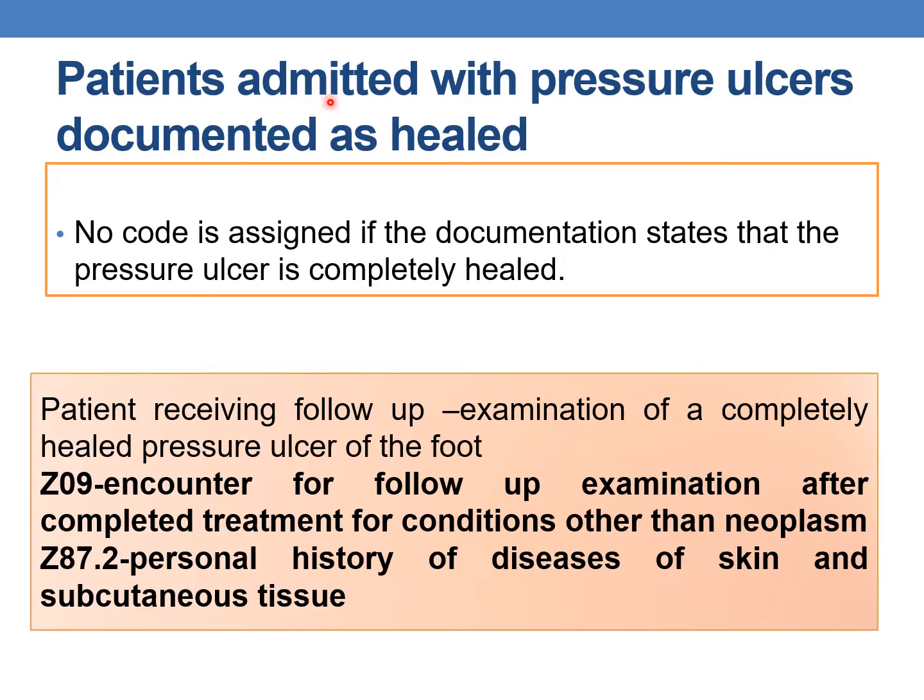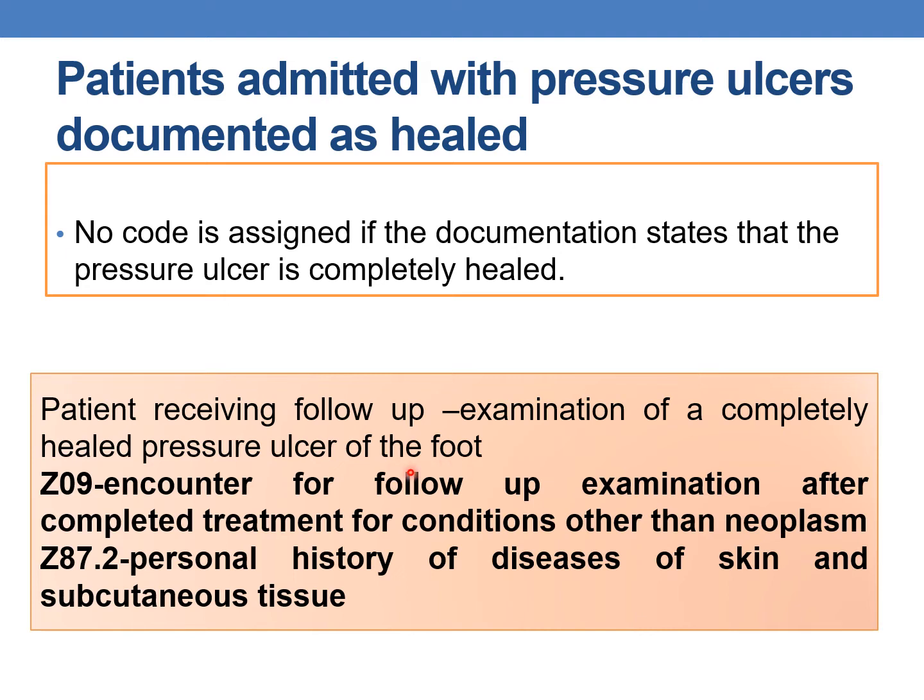Our next guideline is patient admitted with pressure ulcer documented as healed. Healed means it is recovered. No code is assigned whenever the documentation states that the pressure ulcer is completely healed. Let us see an example. Patient receiving follow-up examination of a completely healed pressure ulcer of foot.